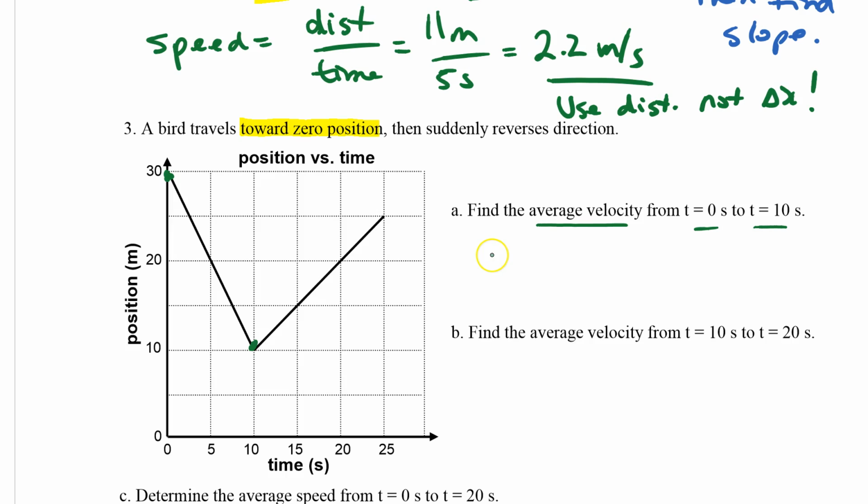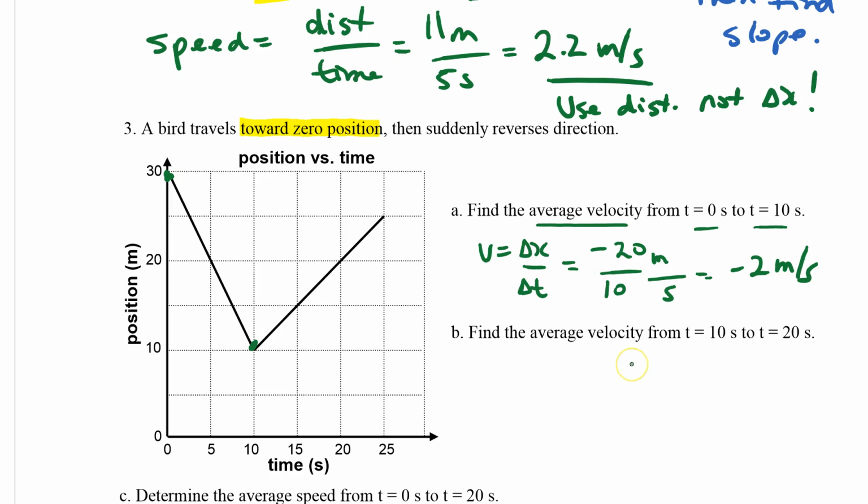So it's going to be the change in position, which is, well, if it starts at 30 and ends at 10, it went down 20, divided by the change in time. And how much time went by? 10 seconds. So that's meters divided by seconds. So I'm going to get minus 2 meters per second.